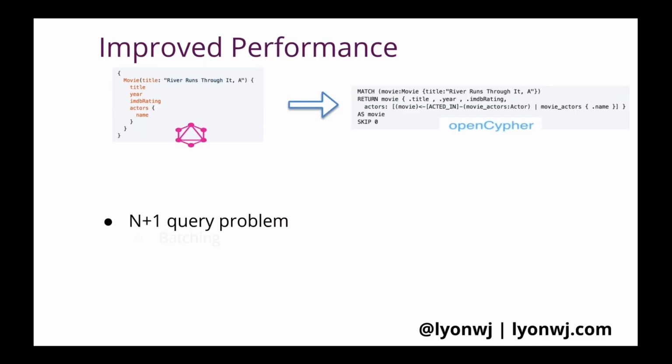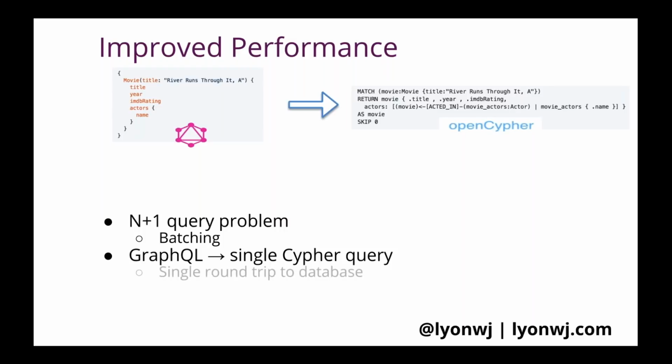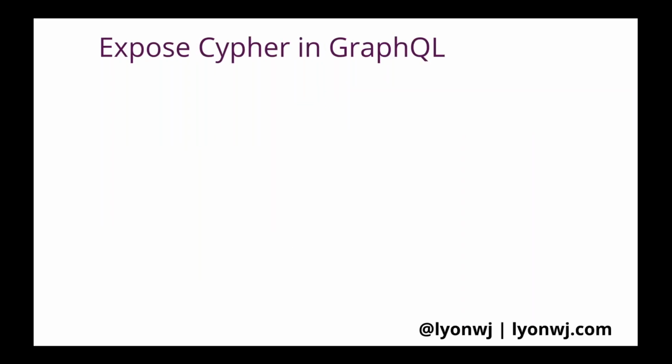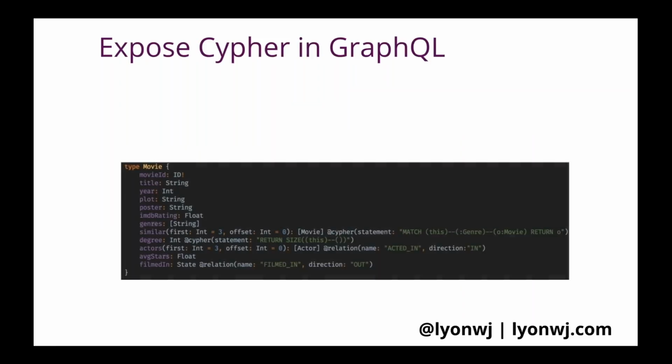With the standard approaches of building a GraphQL service, there's this n+1 query problem, which means that there are then multiple queries that are generated that need to be batched to be sent to the database. So instead, with our integration, we're generating just a single query, so that's just a single round trip to the database for improved performance.